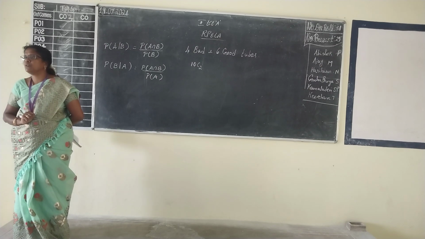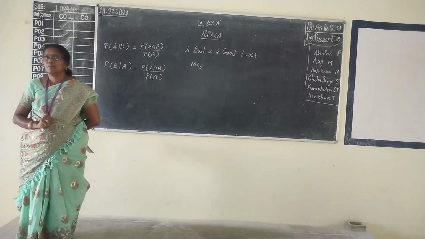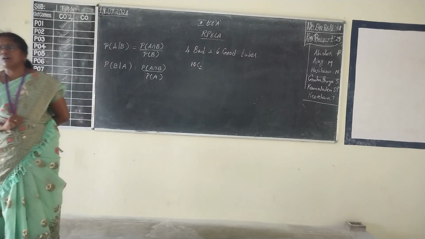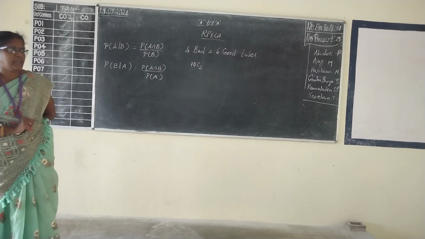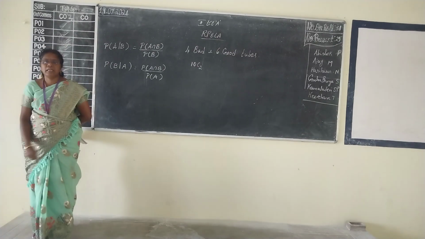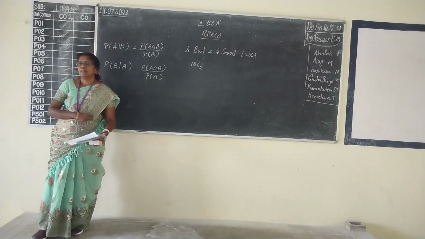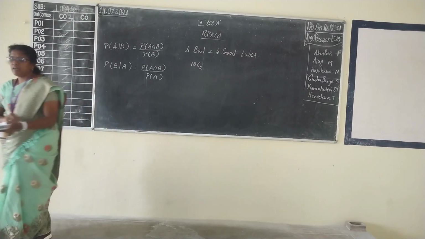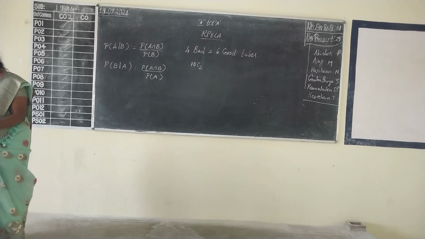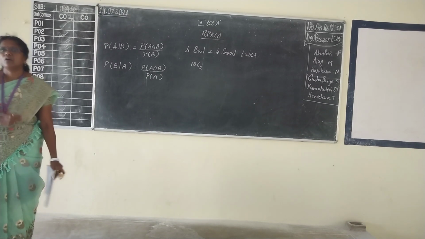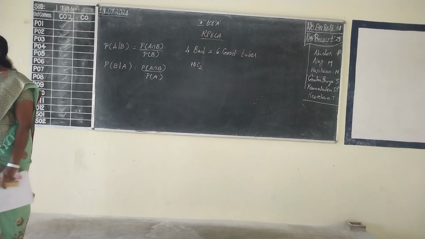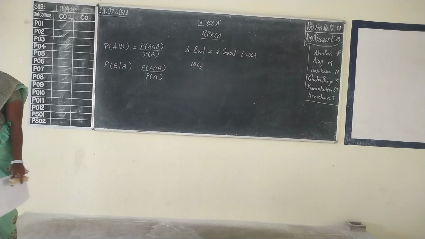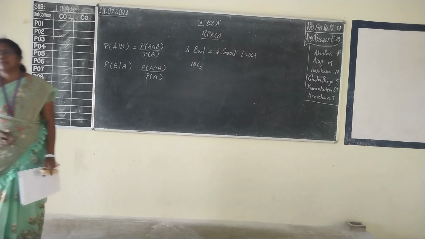Okay, what is step one you have to do? Let A be the event of drawing the first tube to be good.